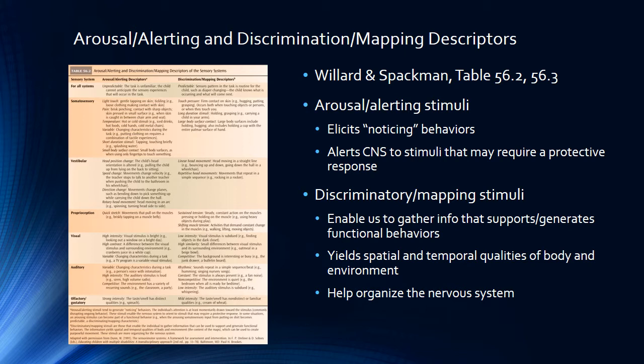And so sometimes it can be the same stimuli. At first a stimulus might be arousing and alerting, and then we respond, we realize that, okay, I don't really need to have a protective response to that, but it helps me understand what's happening in my environment.